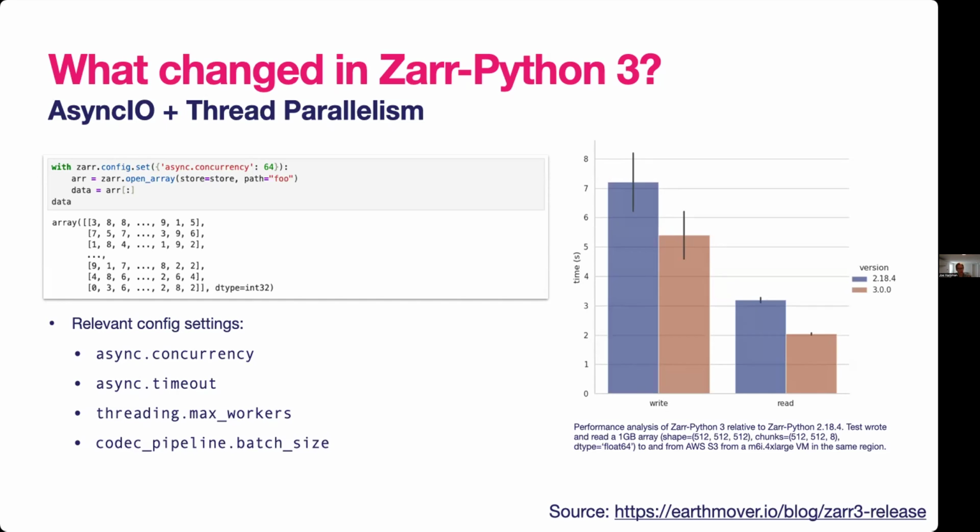You get a lot of benefit because I/O takes time. You can get a lot of benefit by acting concurrently against the store. And so this is built into the library all the way through.